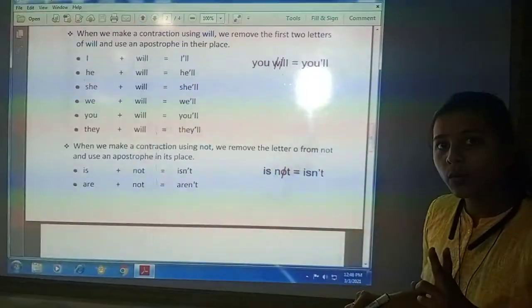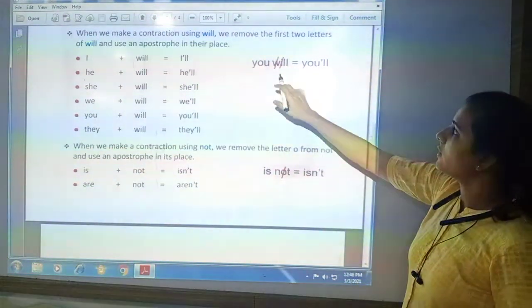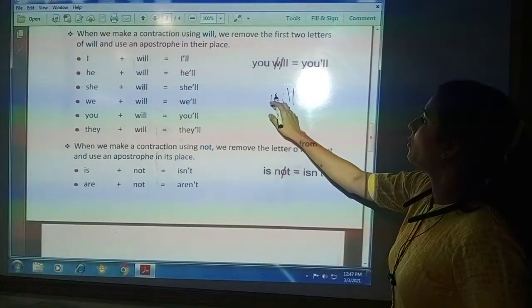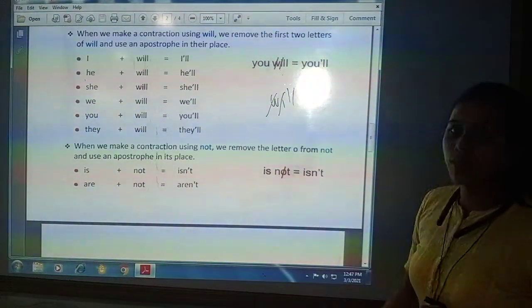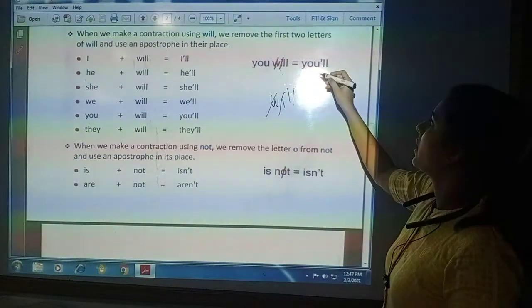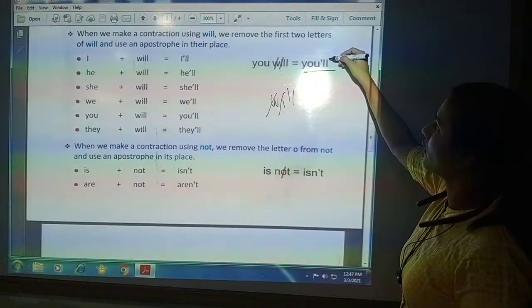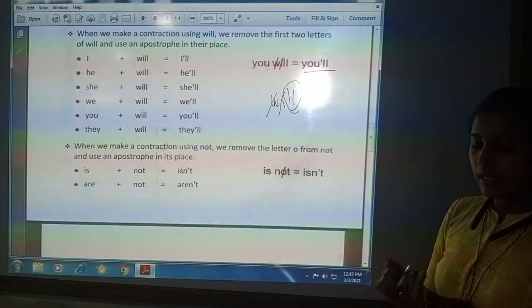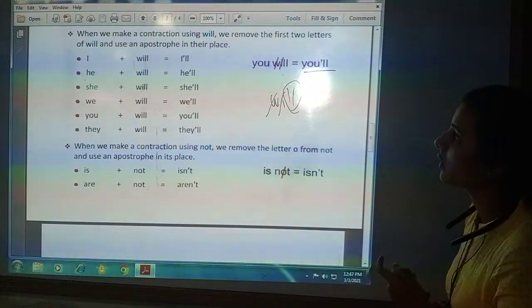Will is the second word. In that, the first two initial letters, that is W and I, will be removed and the contraction will be made by adding an apostrophe and double L. Clear? Let us see the examples now.